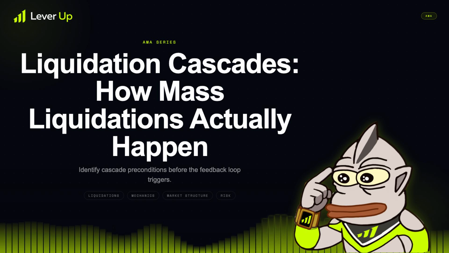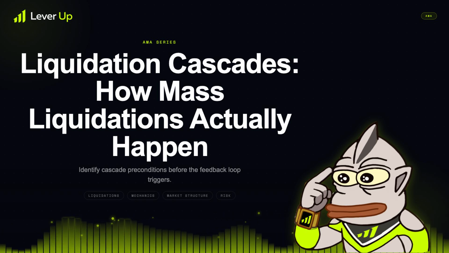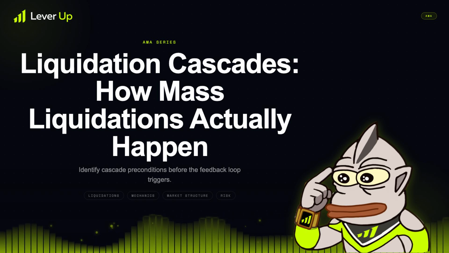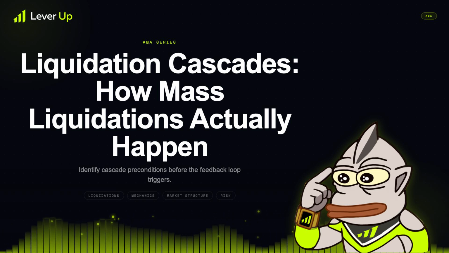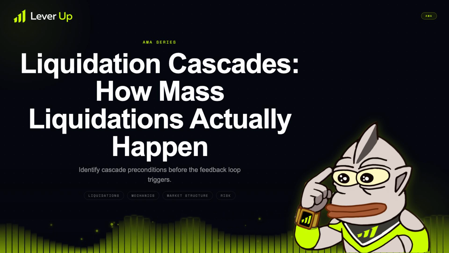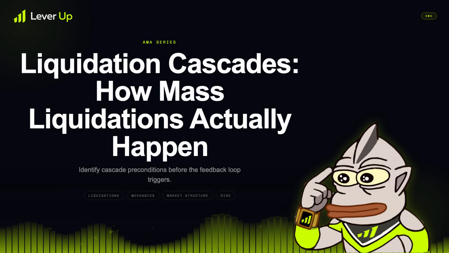Market drops. Price enters a zone where many long positions carry liquidation thresholds. The protocol liquidates the first wave, the positions sitting closest to threshold. Those liquidations create sell pressure as positions are closed out at market. Price drops further into the next layer of long liquidations.